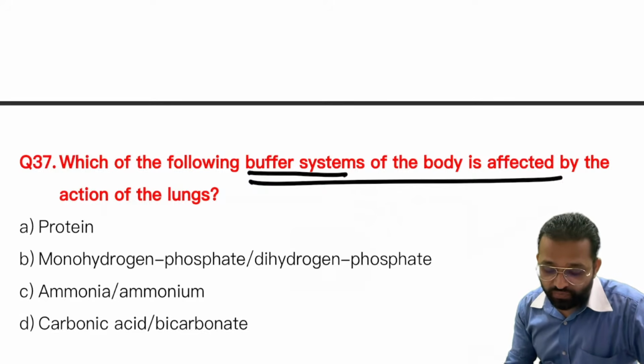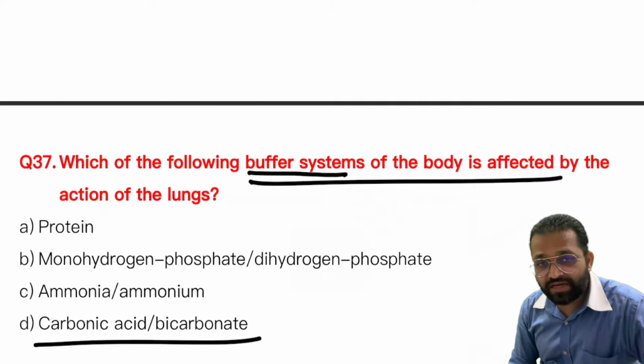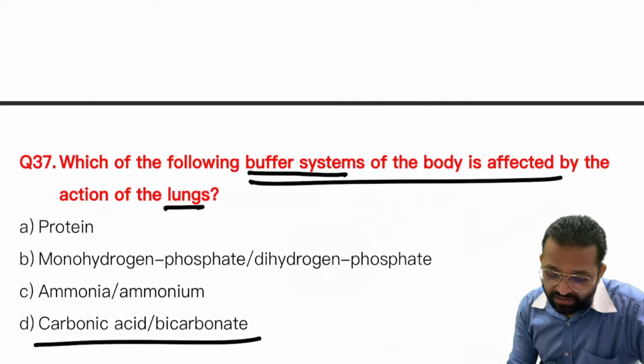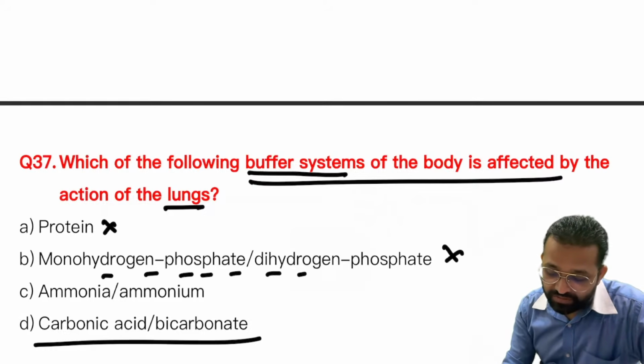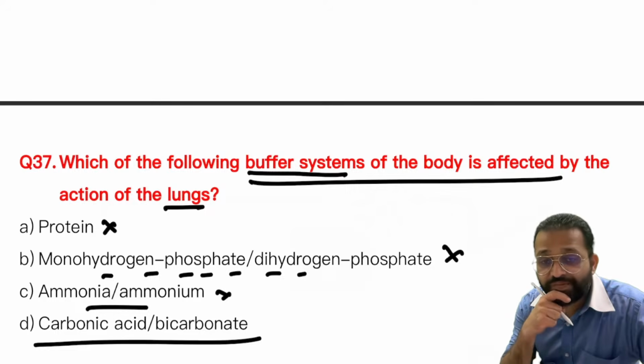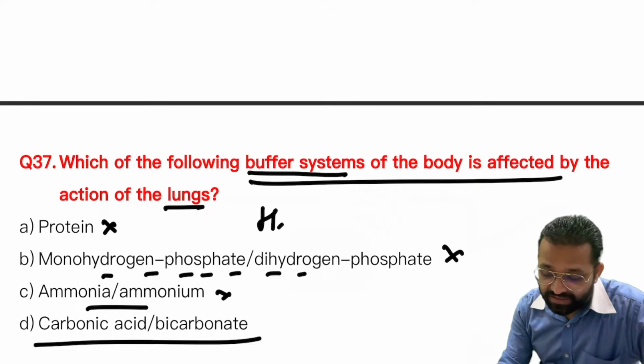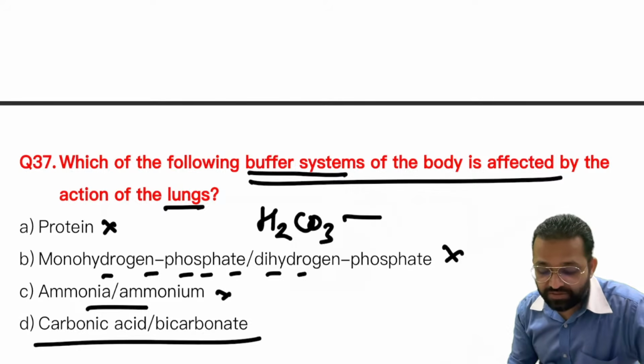So which is the buffer system? Sir, carbonic acid and bicarbonate. In the lung, protein, no sir. Monohydrogen phosphate dihydrogen phosphate, no sir. Ammonia, ammonium, no sir. So remember, in the lungs there is H2CO3, the carbonic acid. So the answer is D.